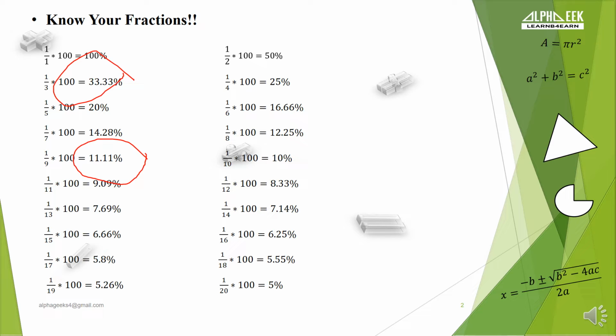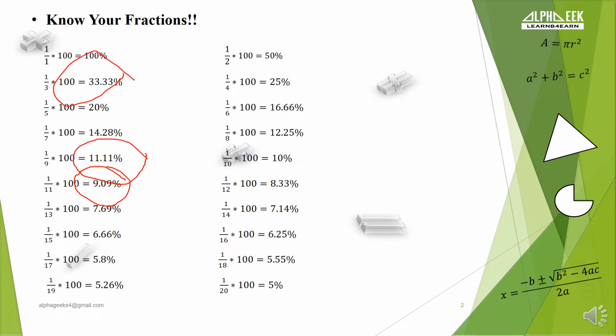1 by 11 and 1 by 9 are a little easier to remember, because 1 by 9 becomes 11.111 and 1 by 11 becomes 9.09. As you go further, 2 by 9 becomes 22.222, and 2 by 11 becomes 18.1818.